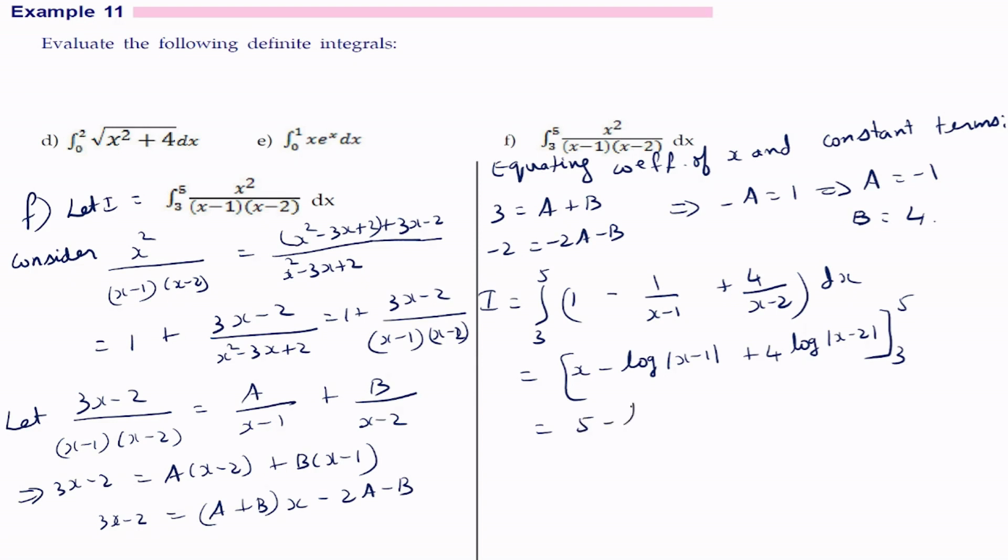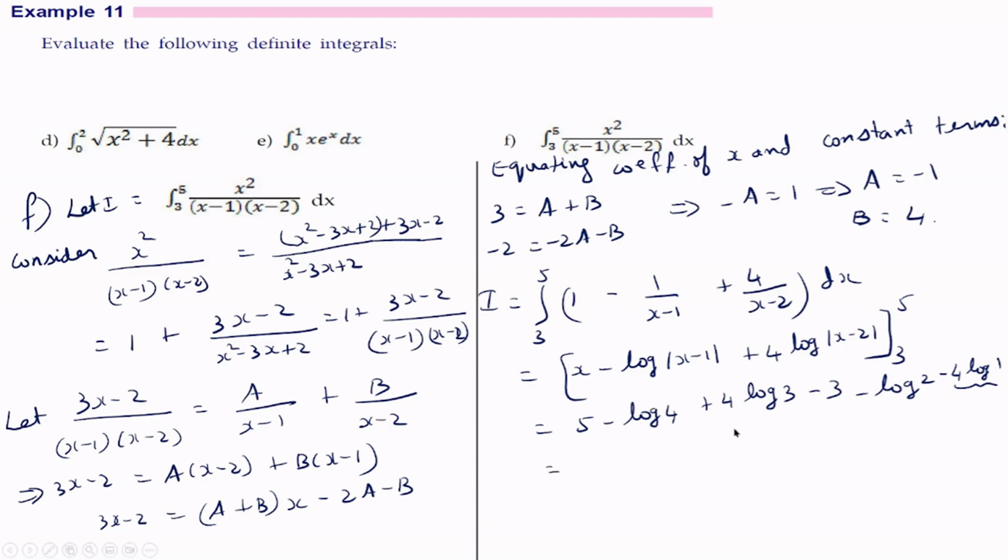So this is 5 minus log of 5 minus 1, which is 4, plus 4 log mod 5 minus 2, which is 3, minus the lower limit. When we substitute x as 3, we get 3 minus log of 3 minus 1, which is 2, plus 4 into log of 3 minus 2, which is 1. This will become 0.